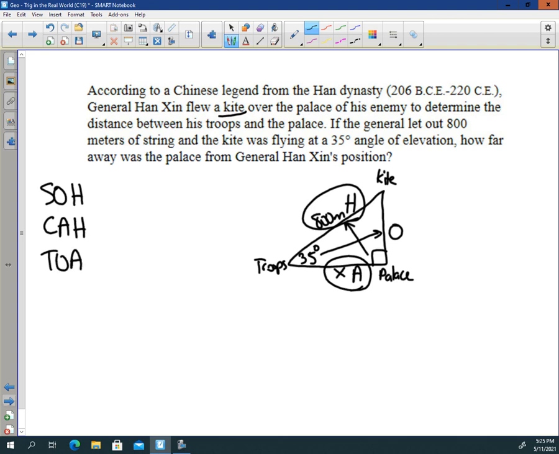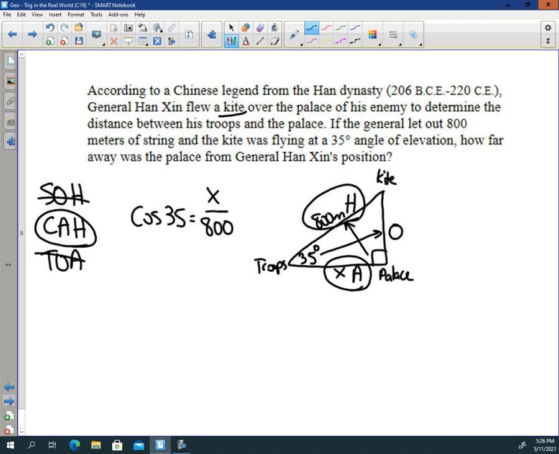And now we're going to choose the right one. Well, we have the H, we want the A, oh, we're going to use the cosine again. These two are out. And so we have the cosine of the angle is the adjacent over the hypotenuse. Now this setup is a little bit different. In every other situation, that x was on the bottom.